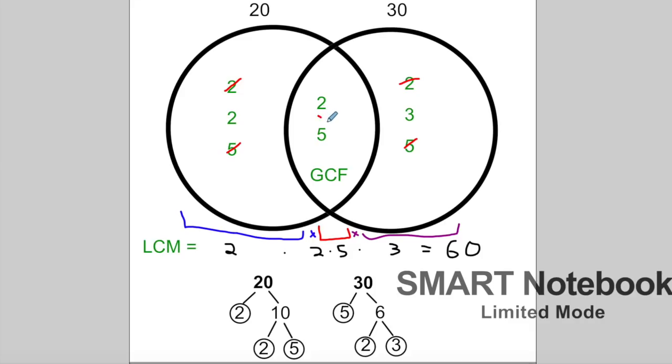So if we take 2 times 5, we're going to get a product of 10. And that's going to be our GCF, our greatest common factor of 20 and 30. So that's using prime factorization Venn diagram to find both the LCM and the greatest common factor of two numbers. So let's go ahead and try another one.